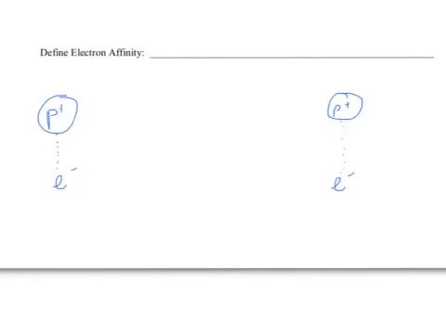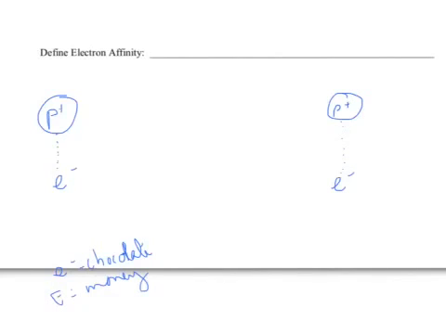Remember also, the day before when we were talking about metals and ionization energy, we used an analogy: electrons are kind of like chocolate, if you will, and energy is like money, and we exchanged the chocolate for money.